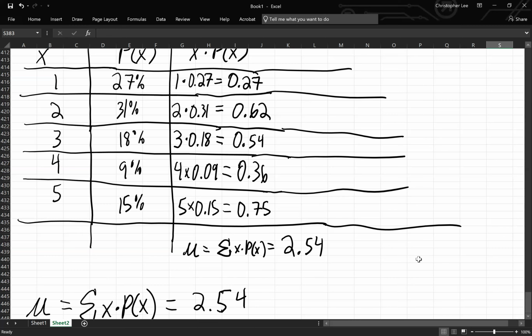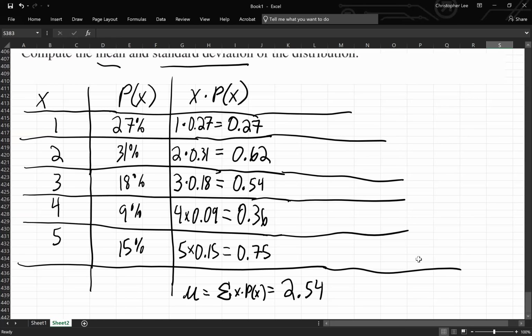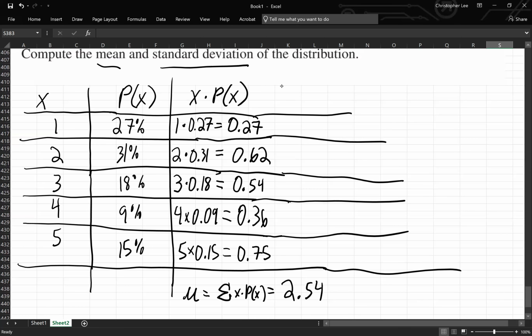But they also asked, give me the standard deviation, right? So we have to do a little bit more work on the same table. I'm just going to close this off here. The next thing you want to do is x minus your mean.